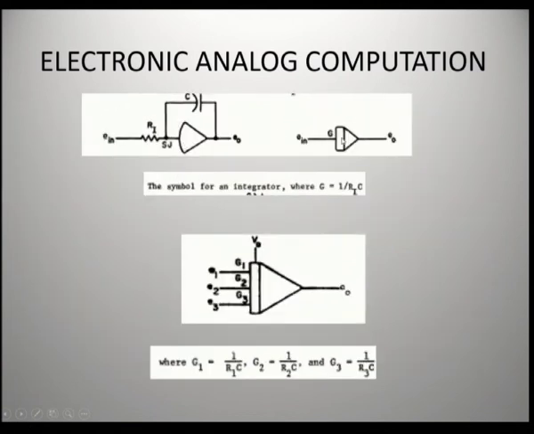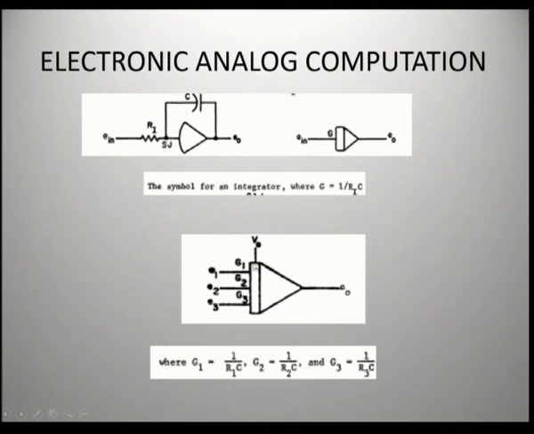For this integrator, the symbol is a rectangle box followed by a triangle box. Here this G is given as 1 by RC, where R is the input resistance and C is the feedback capacitance in the circuit. So, this is the symbolic representation of an integrator, and here a summing integrator.